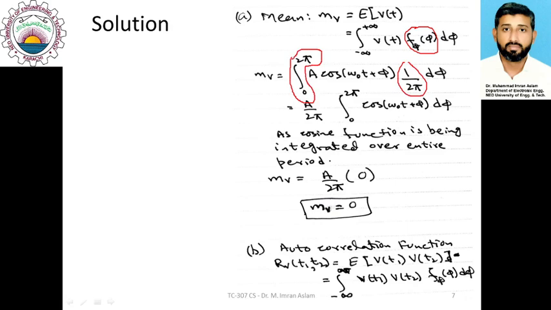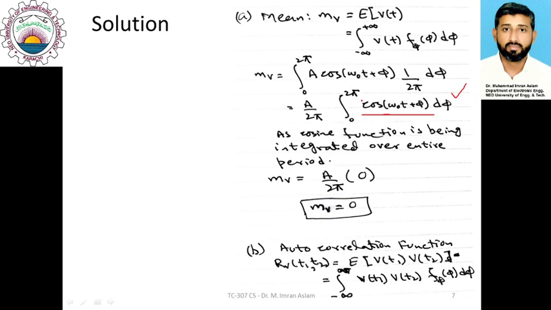So our random variable exists in this range from 0 to 2 pi, and we have this PDF substituted here. You can see that 1 upon 2 pi and A are constants, so I have taken them out of the integral. So A upon 2 pi can be written separately, and we have to integrate this function from 0 to 2 pi of cos(omega naught t plus phi) d phi.